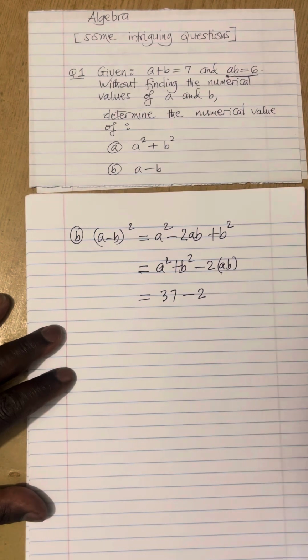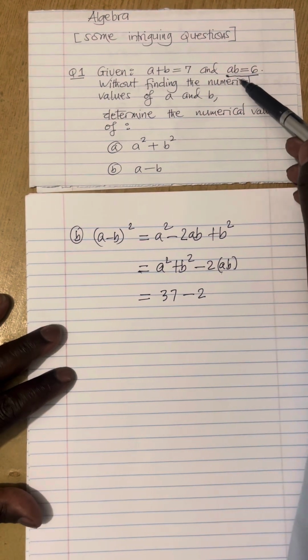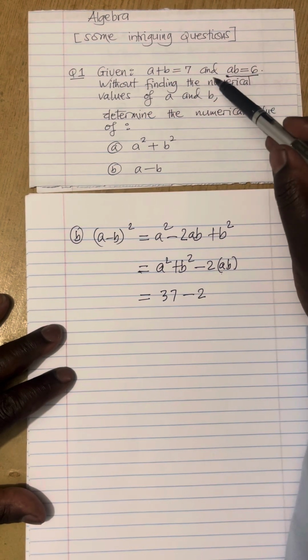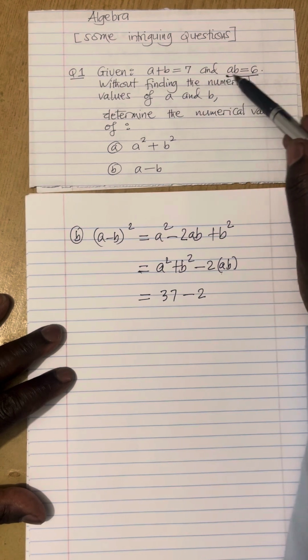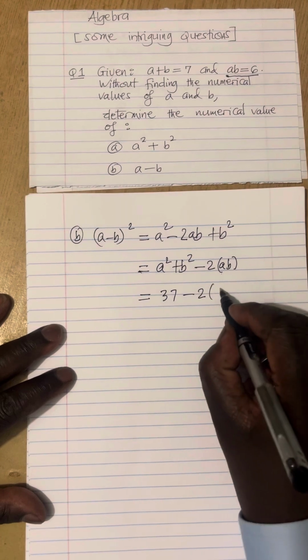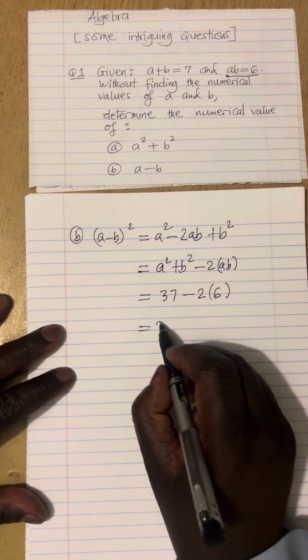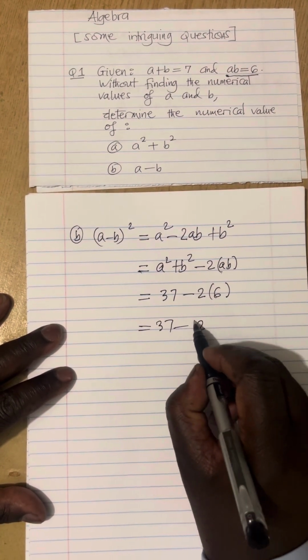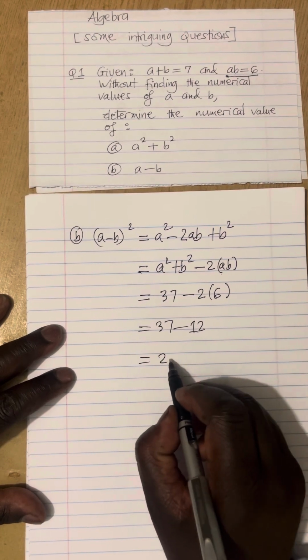The value of ab has been given at the beginning of question 1. We are told that ab is 6, so we have to put 6 there. So this gives us 37 minus 12, which is equal to 25.